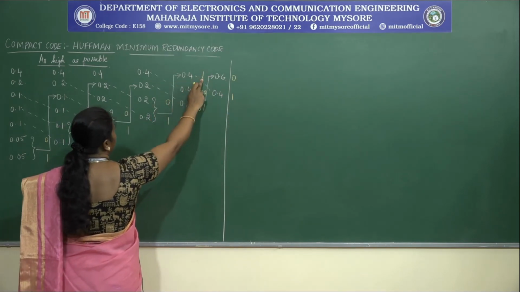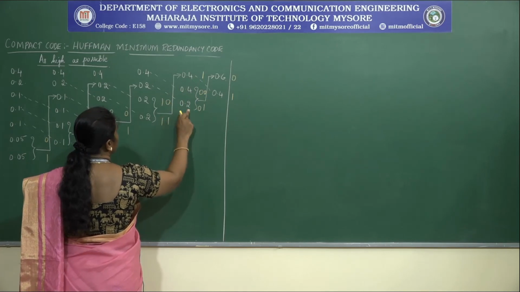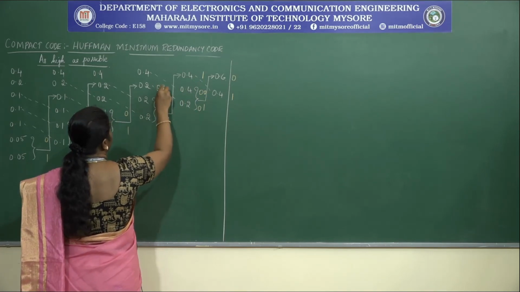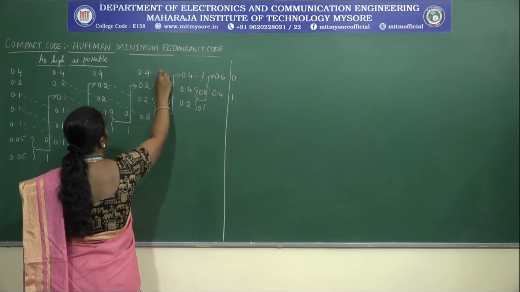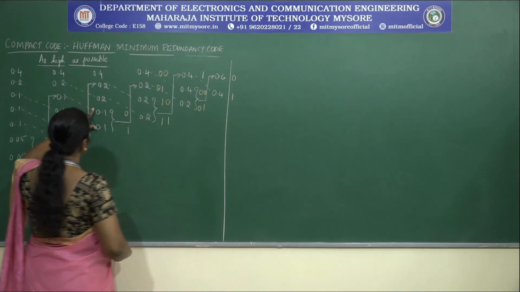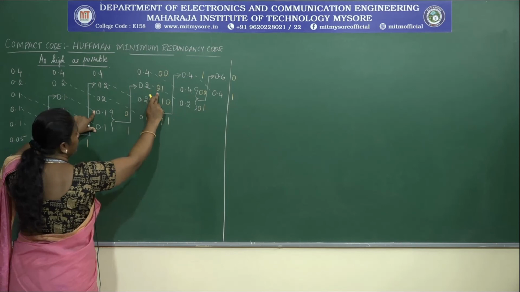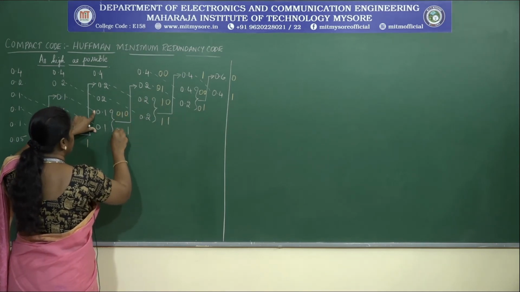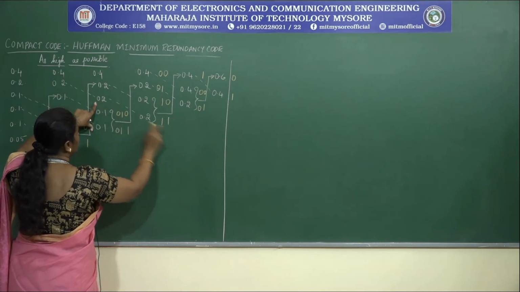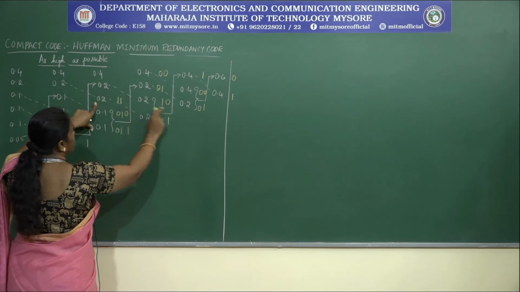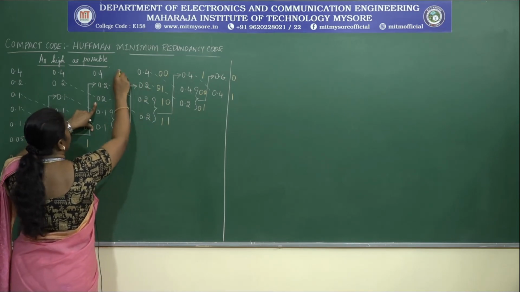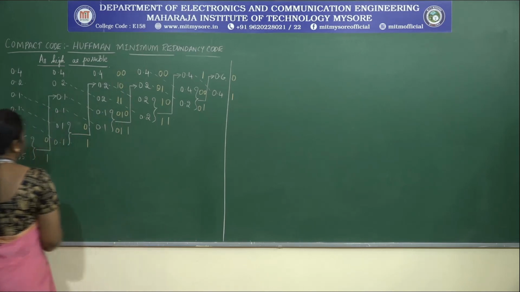Then this 0.4 value is 1 1. The 0.2 is 0 1. The 0.4 is 0 0. Then the value of this is 0.2, which is 0 1 0 1. The 0.2 value is 1 1. The 0.2 is 1 0. So 0.4 is 0 0.